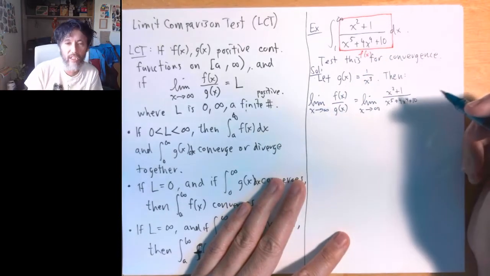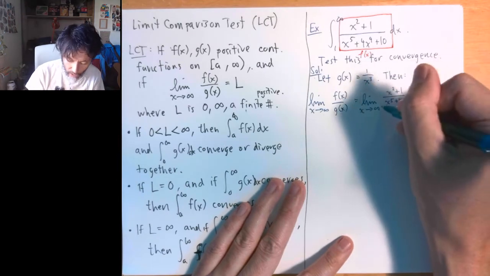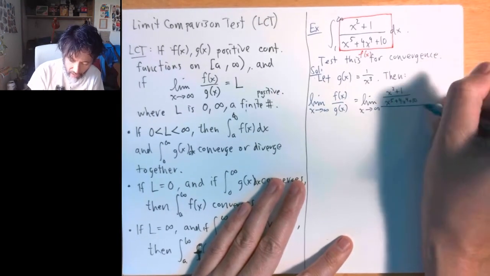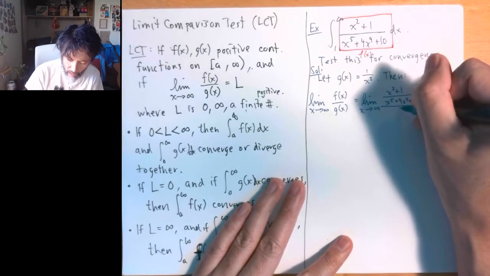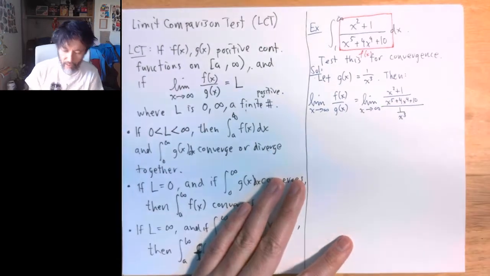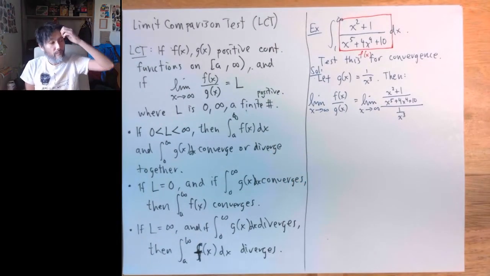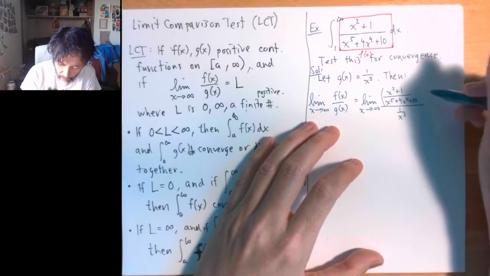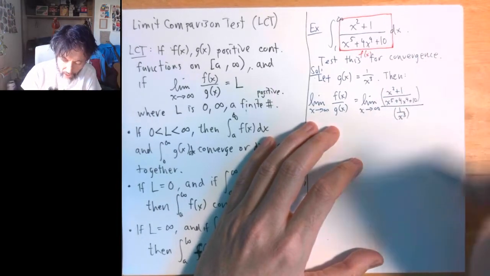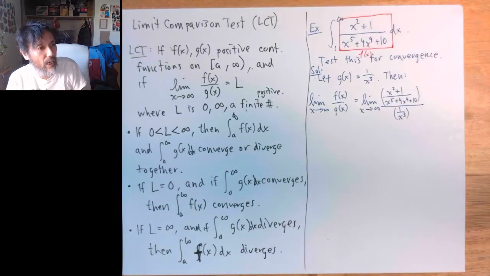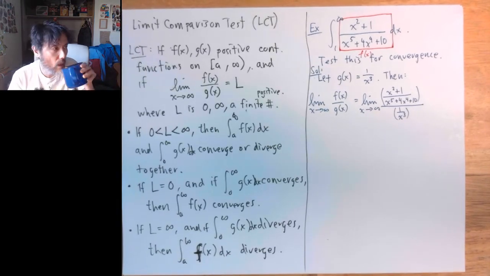That's f of x. And then downstairs in the denominator, we're going to have 1 over x cubed. You can think of it as a fraction of fractions, so maybe we can write it like that to be absolutely clear about what's happening.